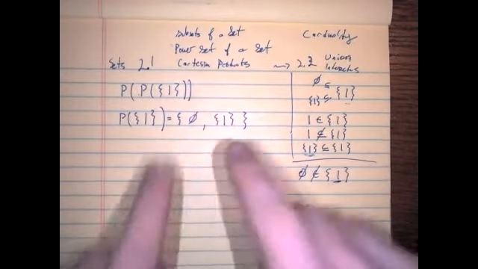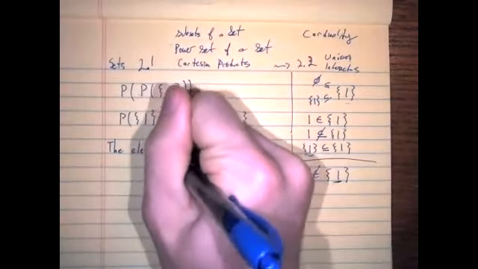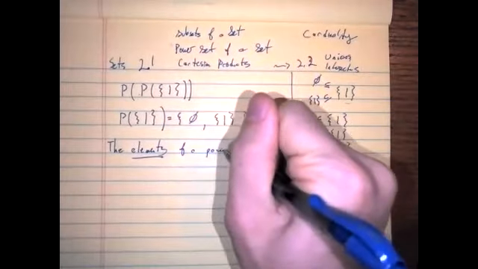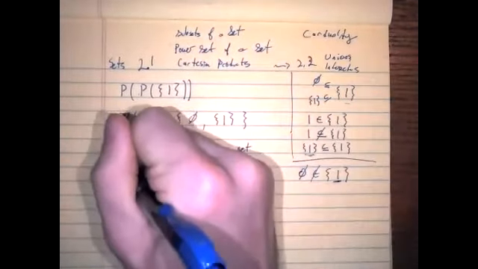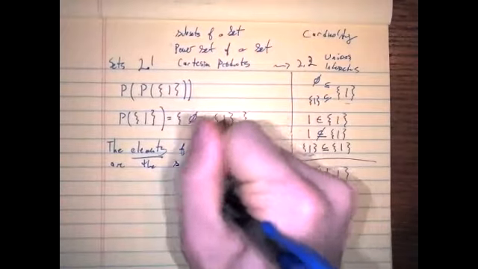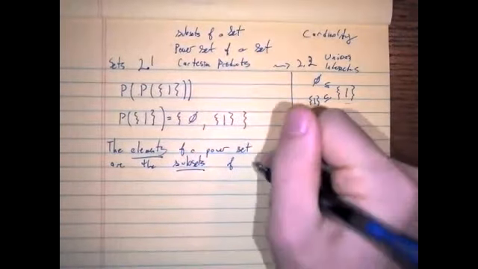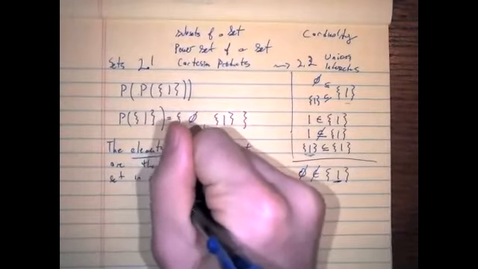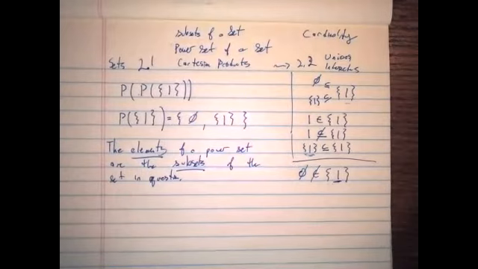Because by definition, the elements of a power set are the subsets of the set in question. So it's kind of like Inception, right?